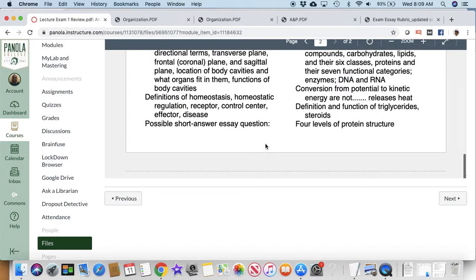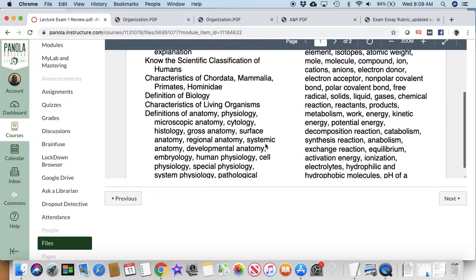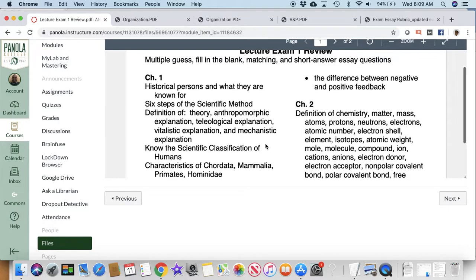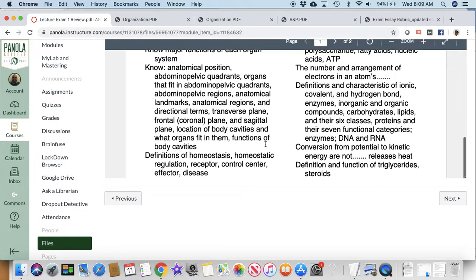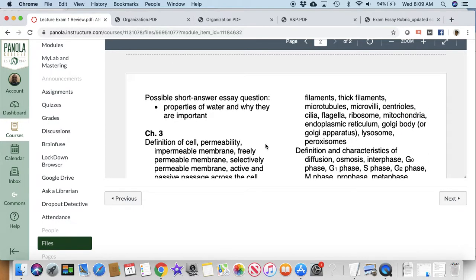It also tells you at the end of these the possible short answer essay questions that you might see. So you could see a question on the difference between positive and negative feedback. You could also, on Chapter 2, see a question on properties of water and why they're important.